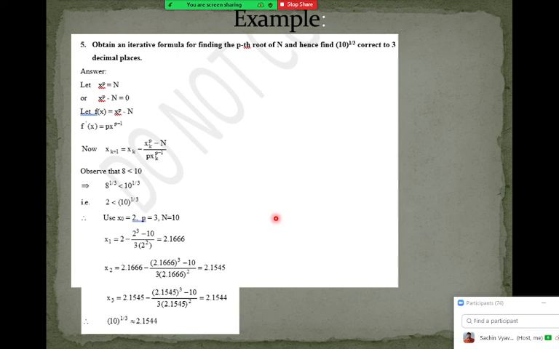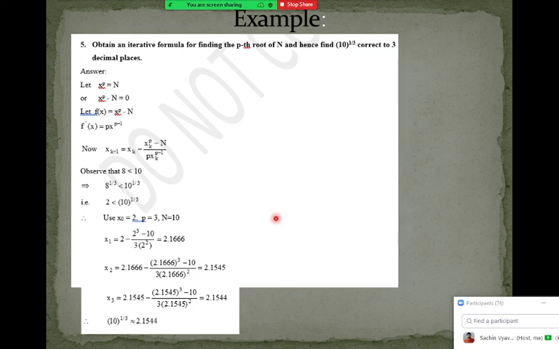So if I sum up our first article that we completed, which is solving algebraic and transcendental equations, there are 3 methods in our syllabus: bisection, regula falsi, and Newton-Raphson. The most important method is Newton-Raphson, then regula falsi, and then bisection in reverse order.